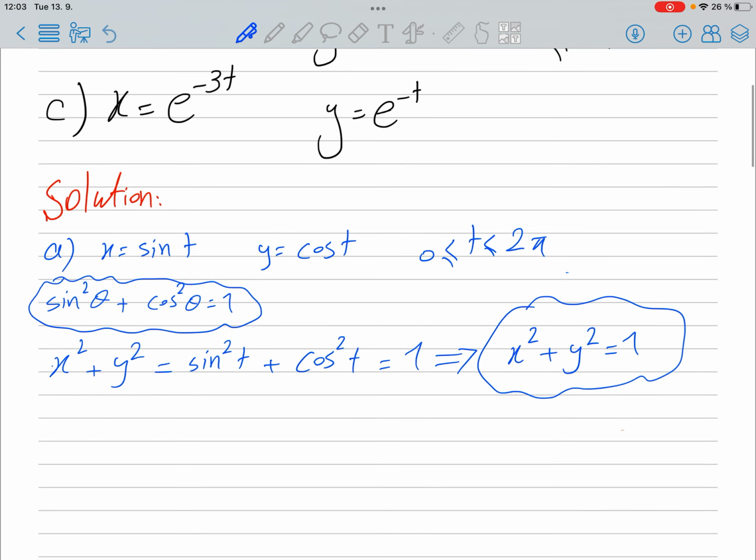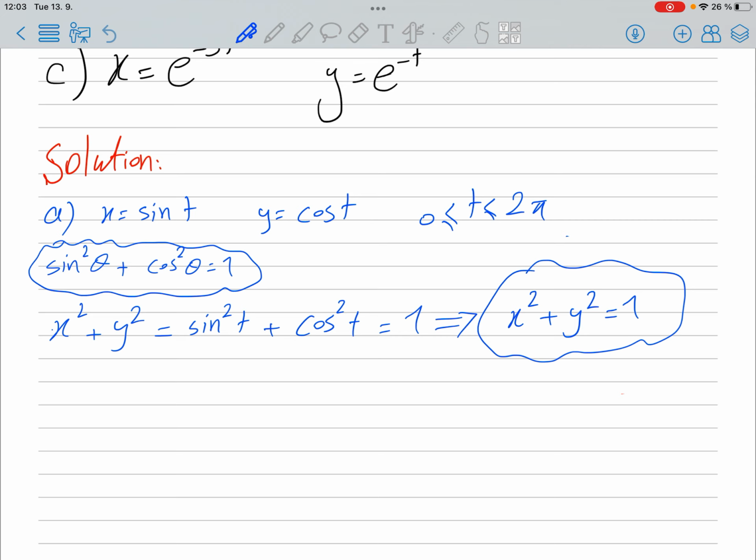Now let's draw the graph of the curve. When you want to draw it, you can simply draw the unit circle like that. Okay, so now it remains to indicate the direction of the curve.